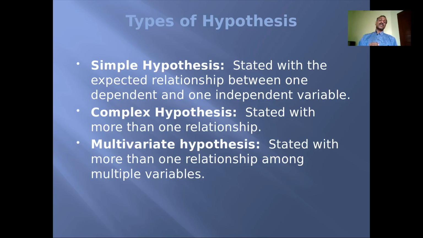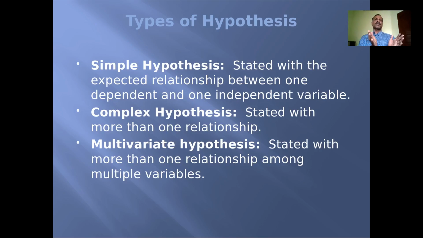Whereas a complex hypothesis has more than one variable or more than one relationship. This is a complex hypothesis. There can be more than one relation. It can be increase or decrease, directly proportional, indirectly proportional, or as one increases, the other decreases.